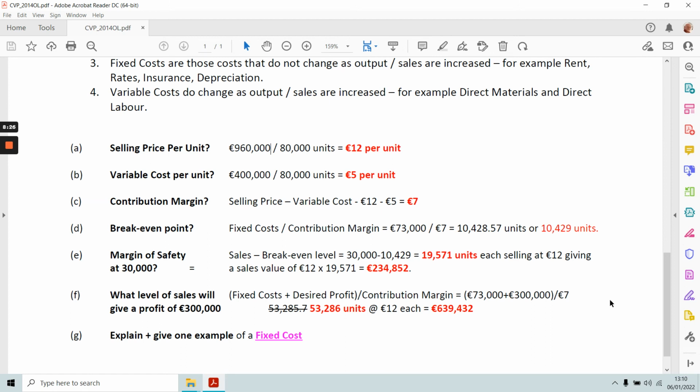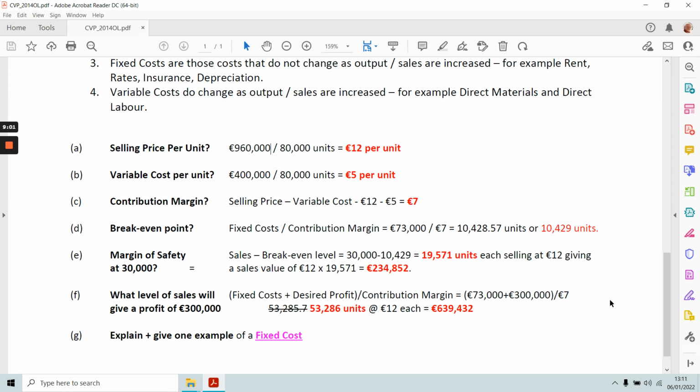So the calculation becomes fixed cost plus desired profit, which is 73,000 plus 300,000, divided by the contribution margin of €7. And we'll make that profit from sales units of 53,283, each selling at €12. So we will make that amount of profit, €300,000 profit, from sales of €639,432.